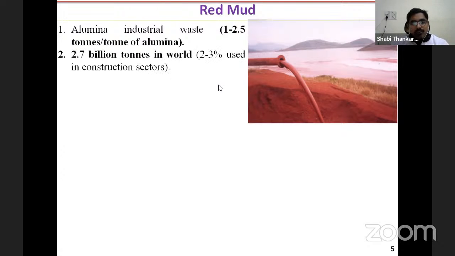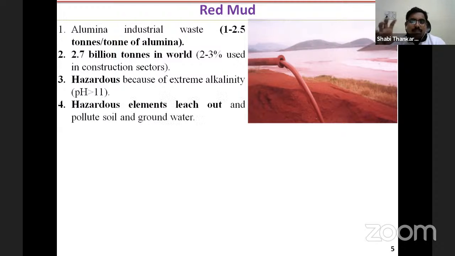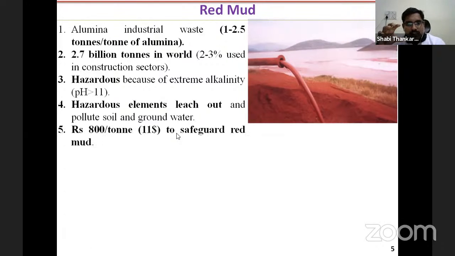This is not utilized. Nearly 2.7 billion tons exist in our world, and it is highly hazardous because of its extreme alkalinity. Whenever the heavy elements present in this waste leach out, they damage the soil as well as the groundwater.